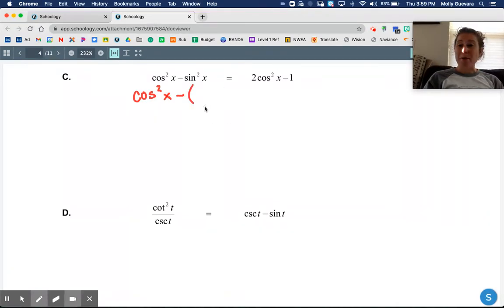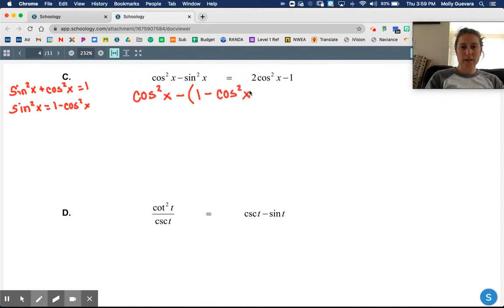So I'm going to use my Pythagorean identity, which is sine squared plus cosine squared equals 1. If I subtract the cosine squared to the other side, I get that sine squared is equal to 1 minus cosine squared. Does that make sense? So then this is equal to 1 minus cosine squared x.